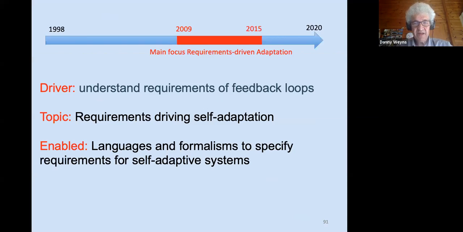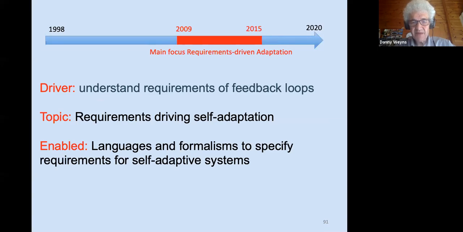Requirements-driven adaptation ran more or less in parallel with models at runtime. Here the problem shifted to the requirements of feedback loops. Actually, before this wave, people did not consider the requirements problem such an important problem. They were looking at feedback loops, but without asking themselves what is actually the requirement that underlies the need for that particular design of the feedback loops.